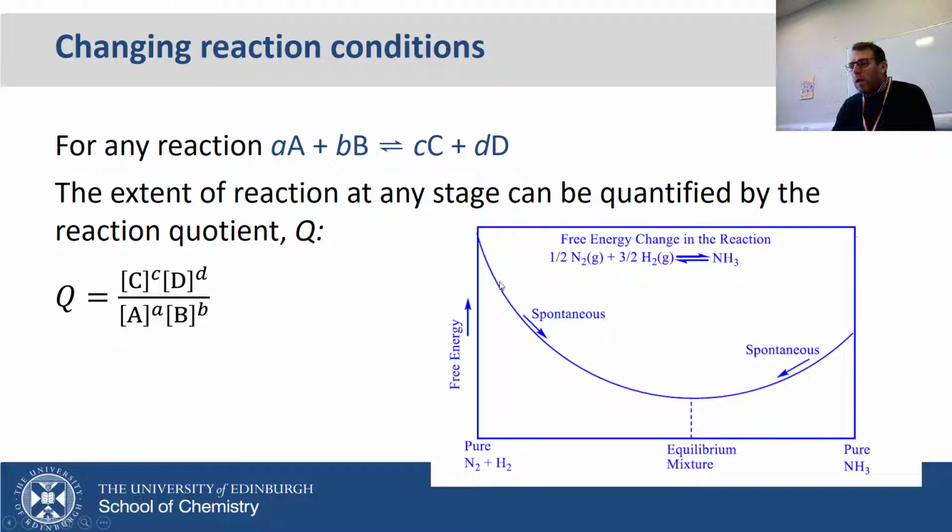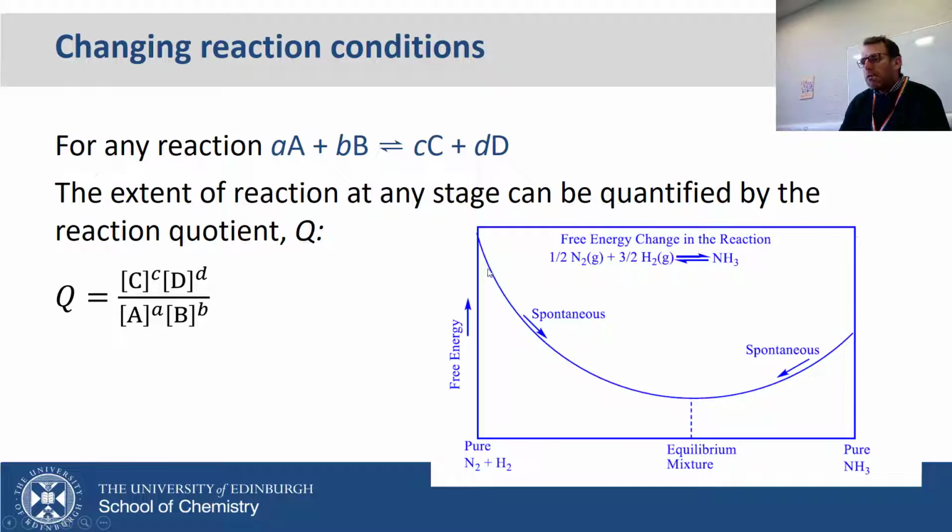Obviously as we're forming our products, the concentration of reactants will decrease and the concentration of our products will increase, and energetically this reaction, if it's proceeding at all, will proceed until it reaches some equilibrium point at which it's no longer going to proceed, and it won't go any further than that. So the extent of a chemical reaction obviously depends on the equilibrium point, in other words, at what stage it reaches equilibrium.